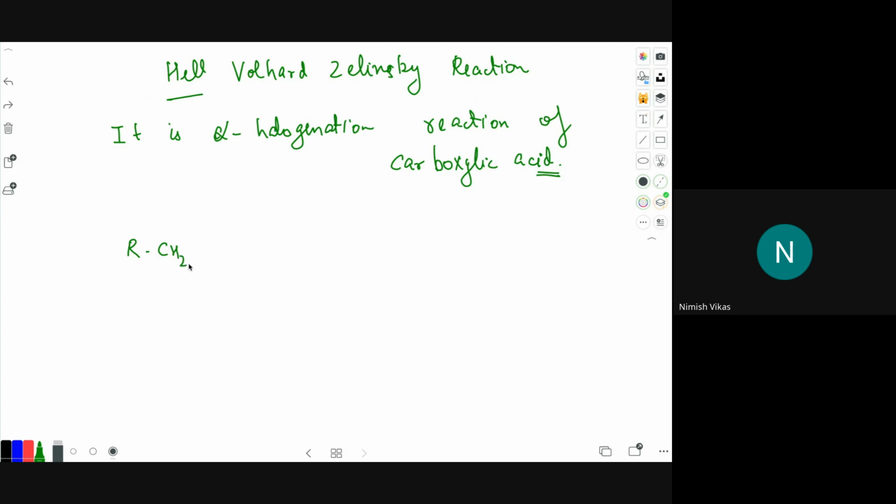The alpha position will be this group, right? Whatever is attached to the CO group. This will go and substitute, giving RCHX-COOH. X will be our halogen.